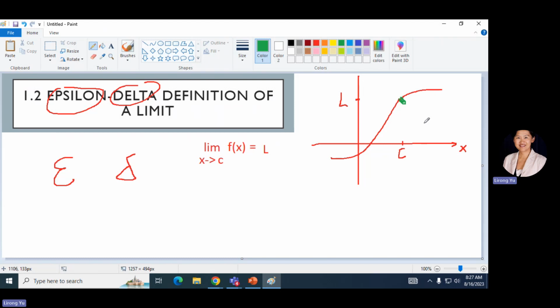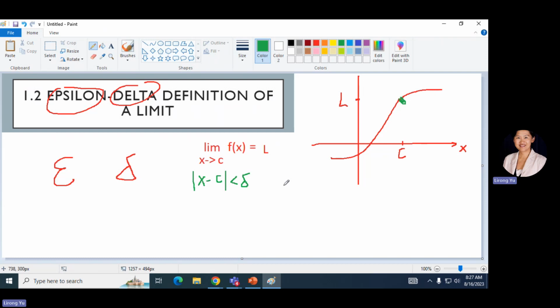So how do we quantify the distance between two values? With subtraction. So we would say x minus c is smaller than delta. Delta is a really small number that quantifies the difference of these two. So x is so close to c that the distance between x and c is smaller than delta. That is what delta is used to quantify: how far x is from c.